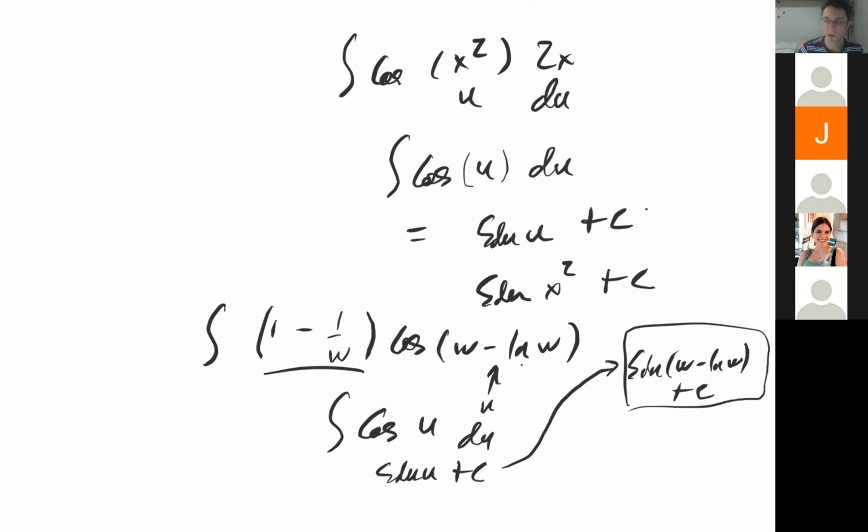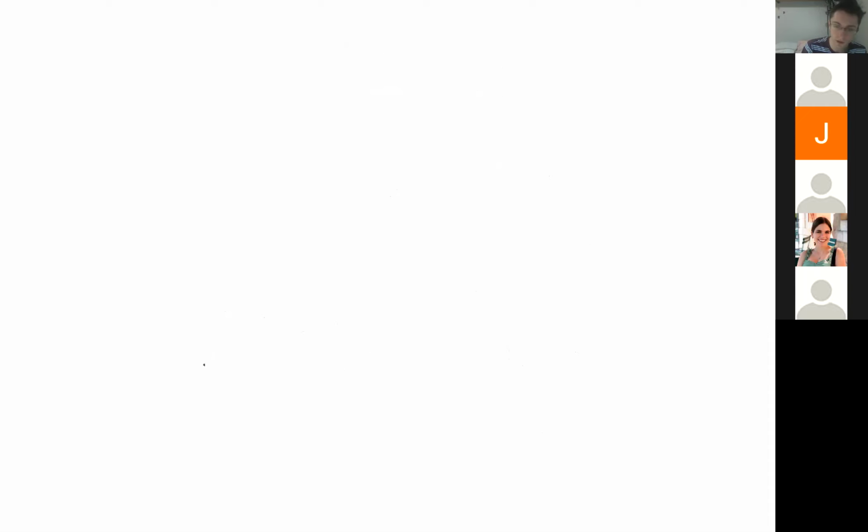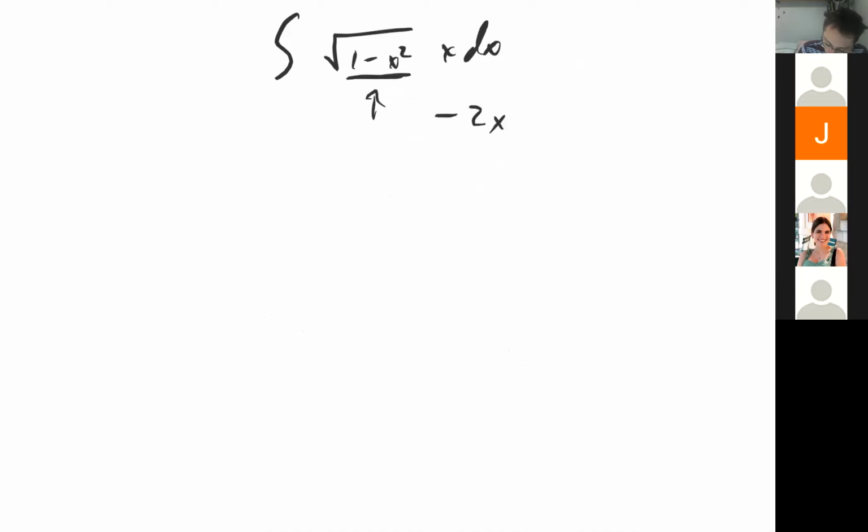Okay. So then for the third one, you have the integral of the square root of 1 minus x squared times x dx. And so this time it's not quite as straightforward because the derivative of the inner function is minus 2x, right? And so then what you really have is root u times, so the derivative is minus 2x, and we just have an x.